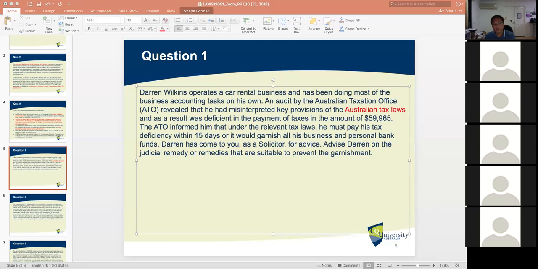The Federal Court of Australia or the Federal Circuit Court has the power to issue an order directing the ATO officers from doing or refraining from doing any of the things that they intend to do, including preventing and prohibiting the ATO from undertaking garnishment.